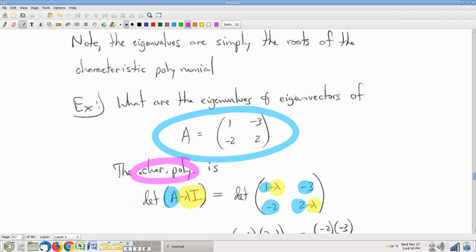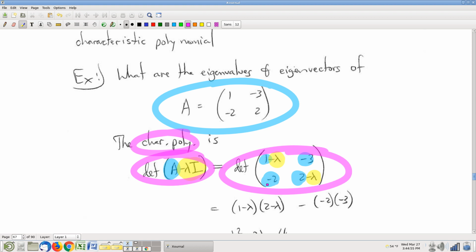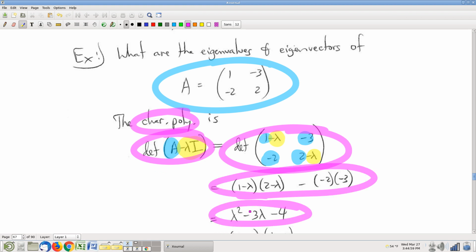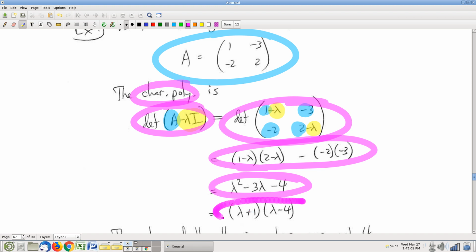The characteristic polynomial is that determinant, which you multiply out, collect all the terms, factor. Now I just skipped over a bunch of algebra. Make sure that you can do all that algebra: computing the determinant, multiplying, collecting, factoring. So there's our characteristic polynomial.